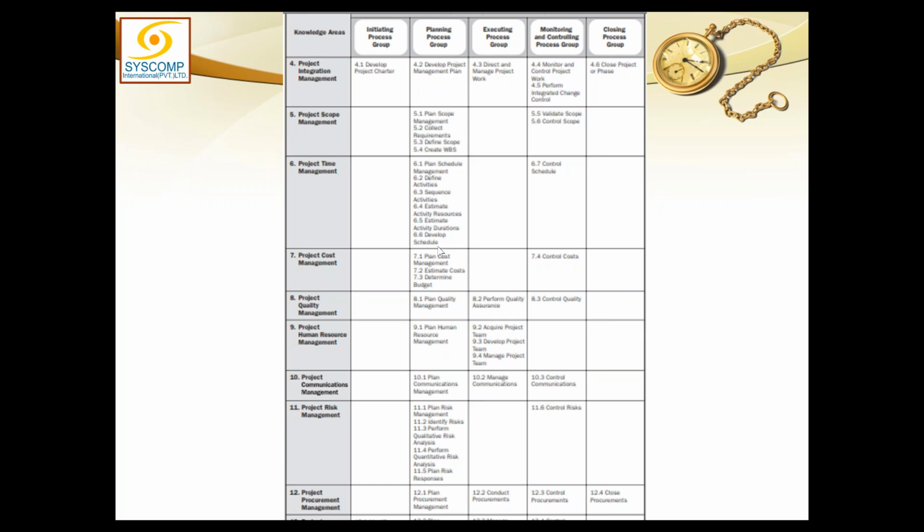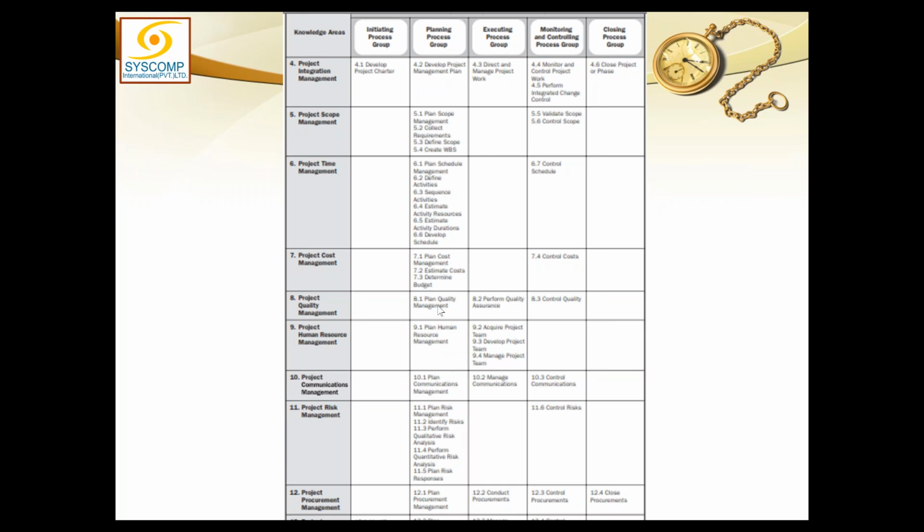Then we have got 6 processes for schedule planning, 3 processes for cost planning, and so on and so forth. So there are almost 24 processes in planning, and in so much detail these processes are being planned here, and the highest number of processes exists in this planning process group.